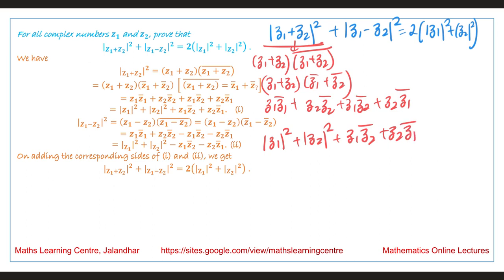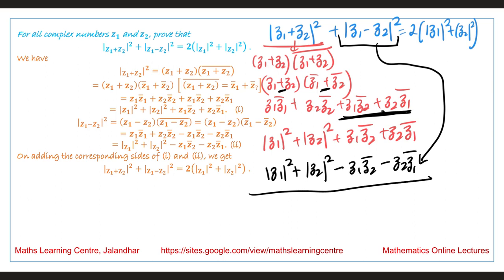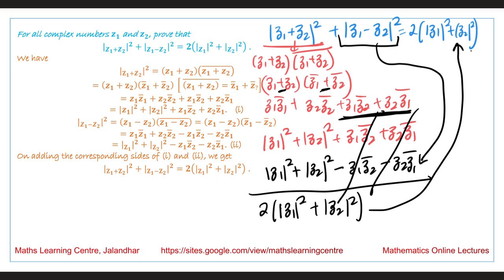Next we are talking about the second value, so we get mod of z1 square plus mod of z2 square minus, when we multiply these terms there will be a negative sign over here. So when we multiply these values, these two values will be negative, so it is z1 z2 bar minus z2 z1 bar. Now if we add both these values, these terms will be cancelled, and we are left with 2 times mod of z1 square plus mod of z2 square. We are left with this value, and this is what we have to prove.